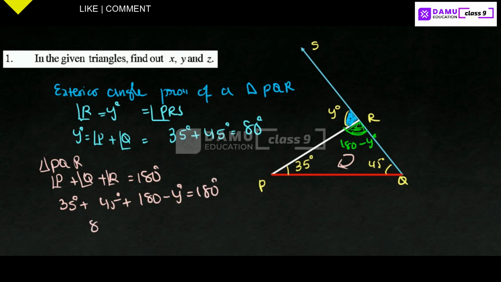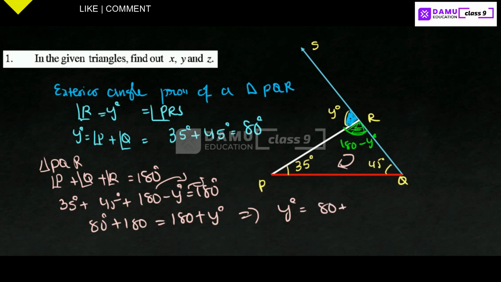So 80 degrees plus, this one will shift to the right side, 180 plus y degrees. Then y degrees will be equal to 80 plus 180 minus 180. These two are going to cancel, then y degrees will be equal to 80 degrees. That is the value. Like this we need to solve.